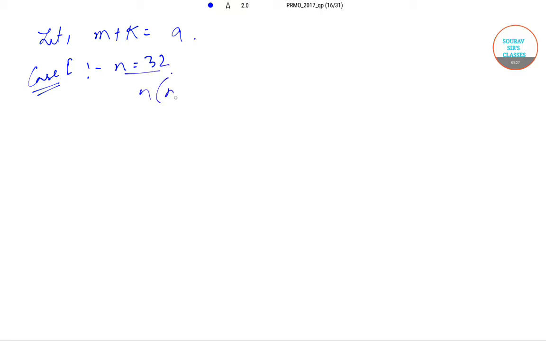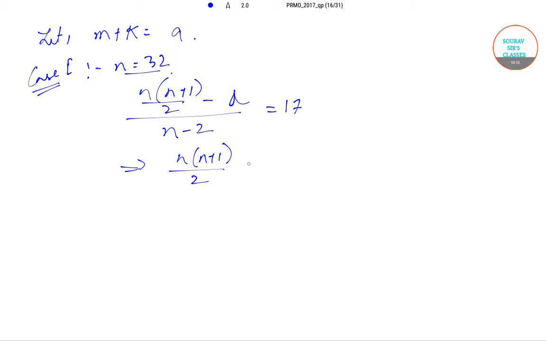We know that n into n plus 1 by 2 minus a, upon n minus 2, will be equal to 17. Let us simplify it and then put in the value of n. So n into n plus 1 minus 17 into n minus 2 will be equal to a.